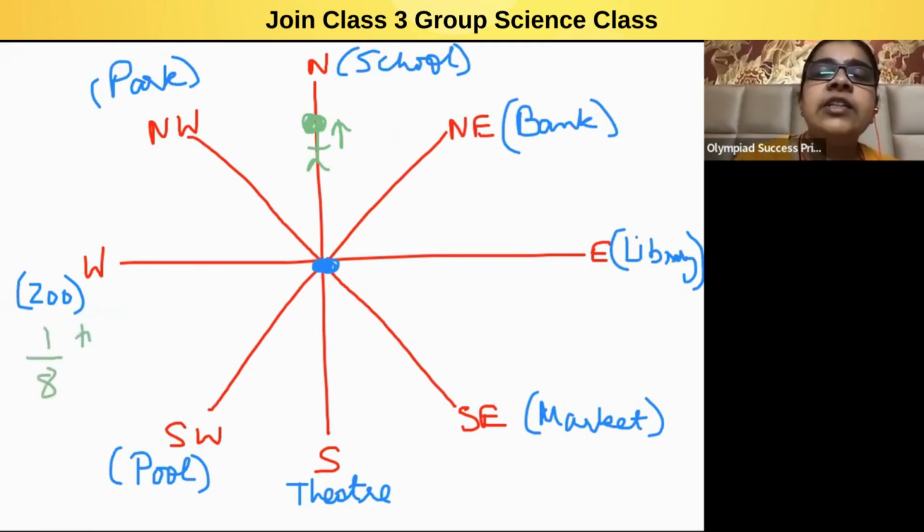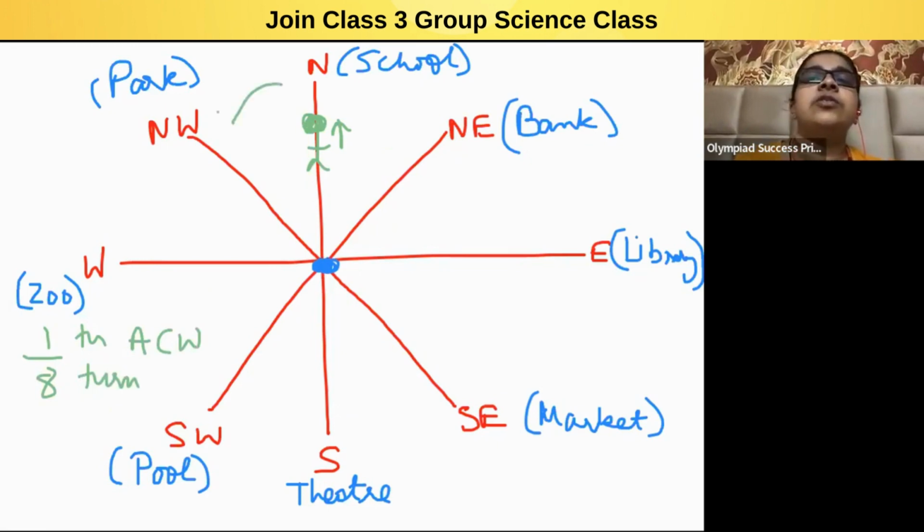1/8 turn in the anti-clockwise direction. Very good, Amoka. Park. Others, Shankar, park. Meera. Okay, Swarnim, correct. Park. Very good, Shiven. Very good, Vivan. That's park.